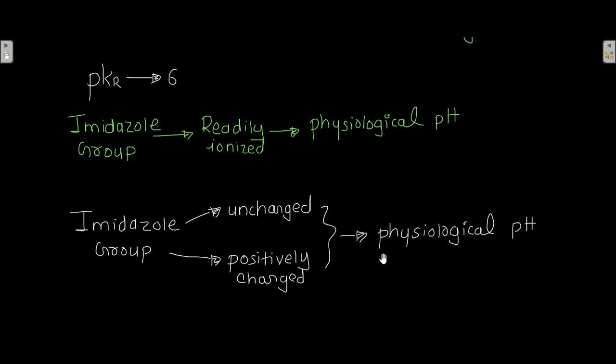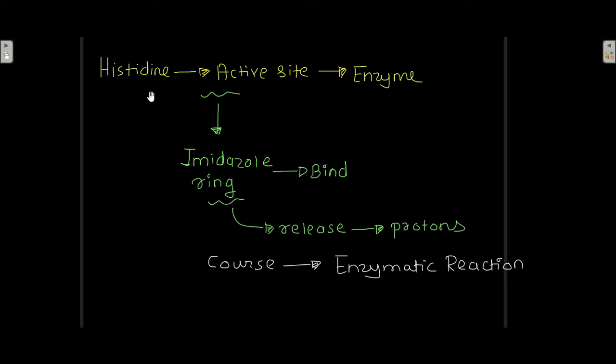Now histidine is found in the active sites of enzymes, where the imidazole ring of this histidine binds to release protons for the enzymatic reaction to occur.